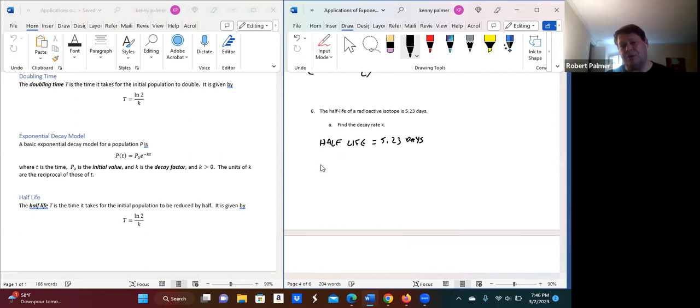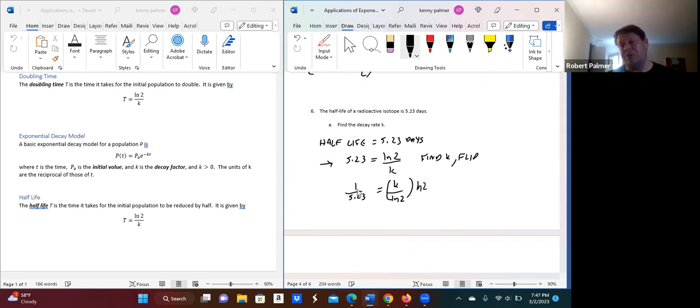So T, which is 5.23, is equal to ln2 over K. I want to find K, so let's do the same thing we did a minute ago. Let's flip this. Let's take the reciprocal of both sides. So 1 over 5.23 is equal to K over ln2.